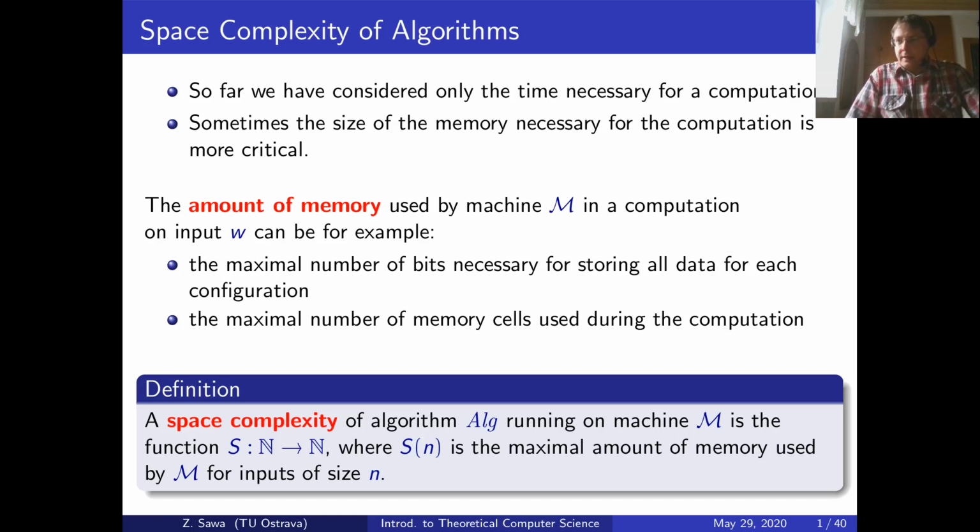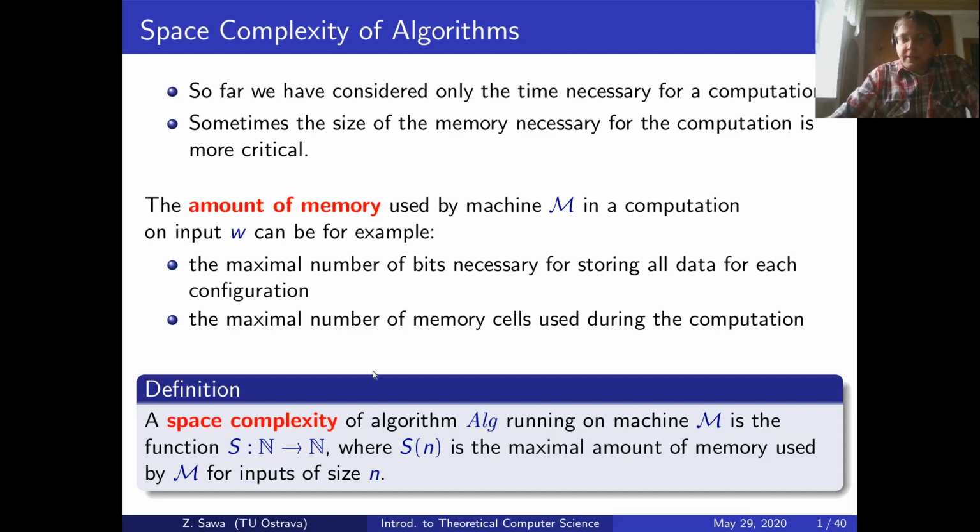And if we define the amount of memory used in a given configuration somehow, then for each computation of a machine we can take those configurations where this amount of used memory is biggest. And this would be the amount of memory used during this particular computation.